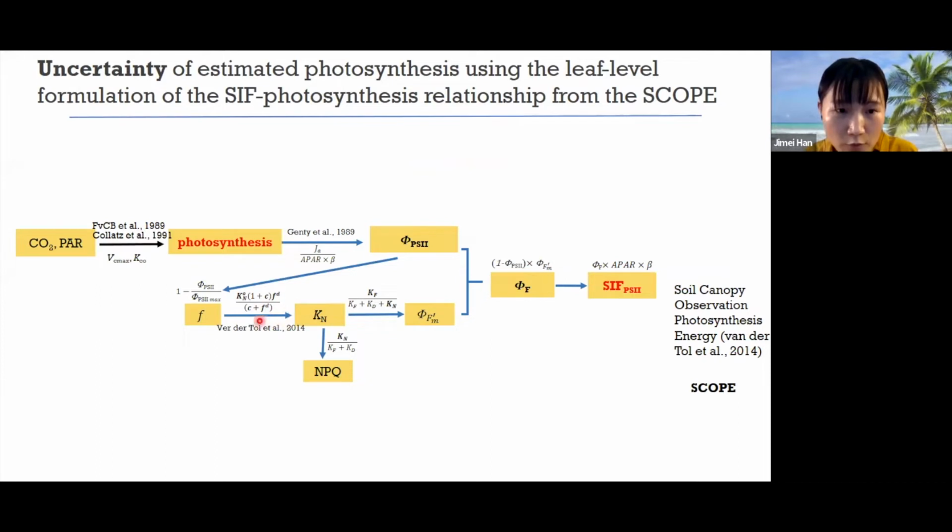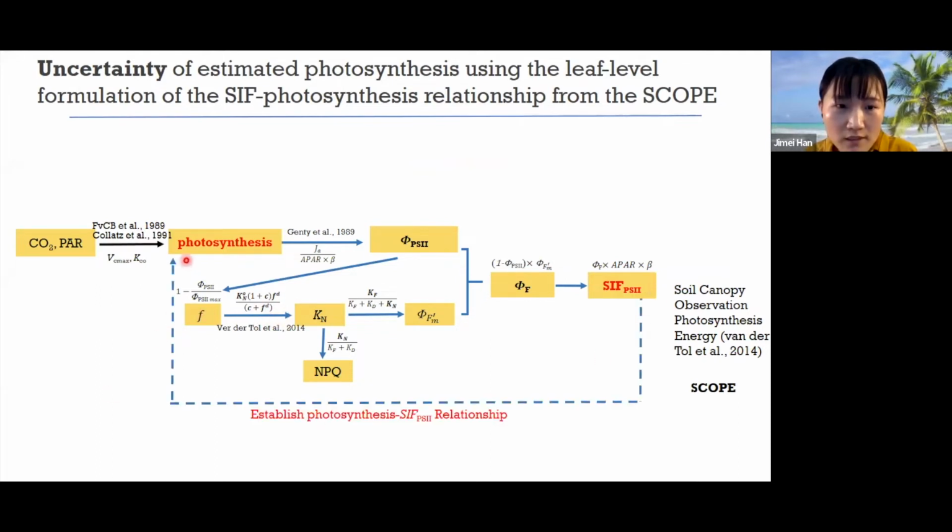While useful for simulating the SIF photosynthesis relationship, the SCOPE-based strategy cannot escape the well-known uncertainties from the parameters and structures. For example, the direct use of the leaf-level FvCB biochemical model at the canopy scales will cause uncertainties at the larger scales.